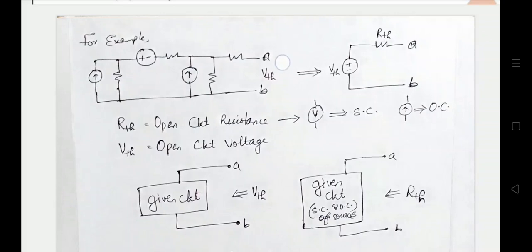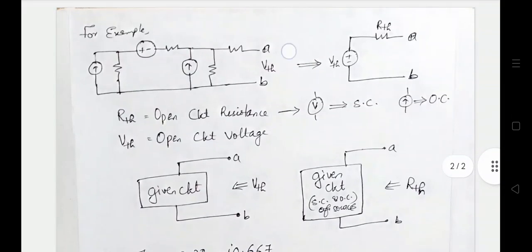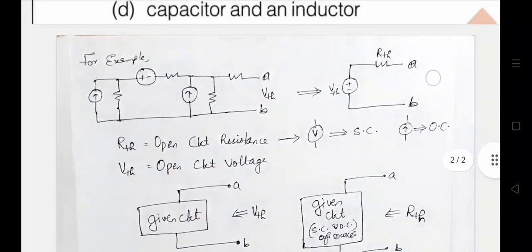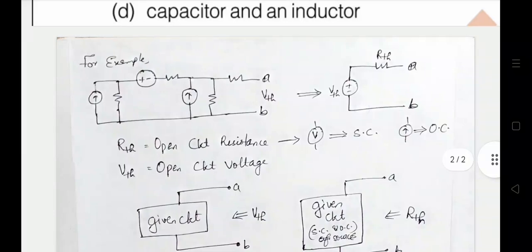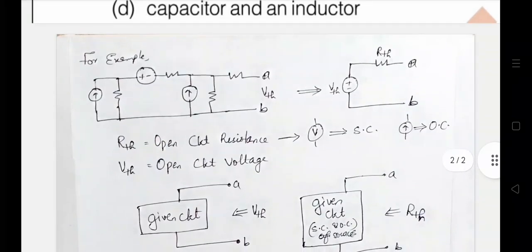If in some question they ask to find the Thevenin's voltage and Thevenin's resistance across a terminal AB, then with respect to that terminal we have to find them. Then what is Thevenin resistance? It means open circuit resistance.